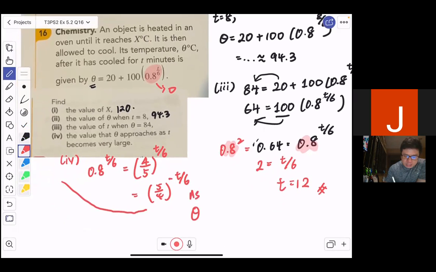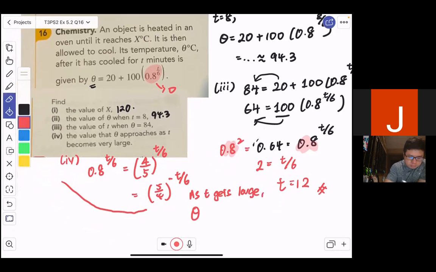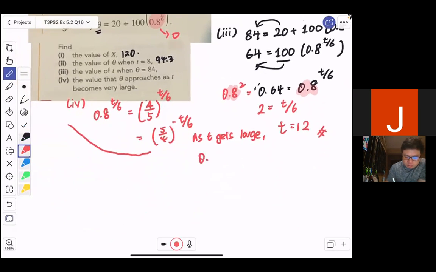So as T gets large, 0.8 to the power of T over 6 becomes negligible. It becomes very, very close to 0; it tends towards 0.